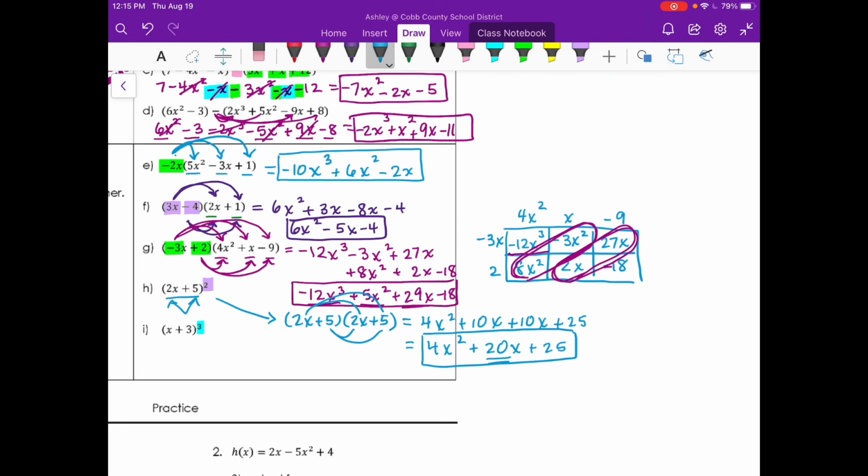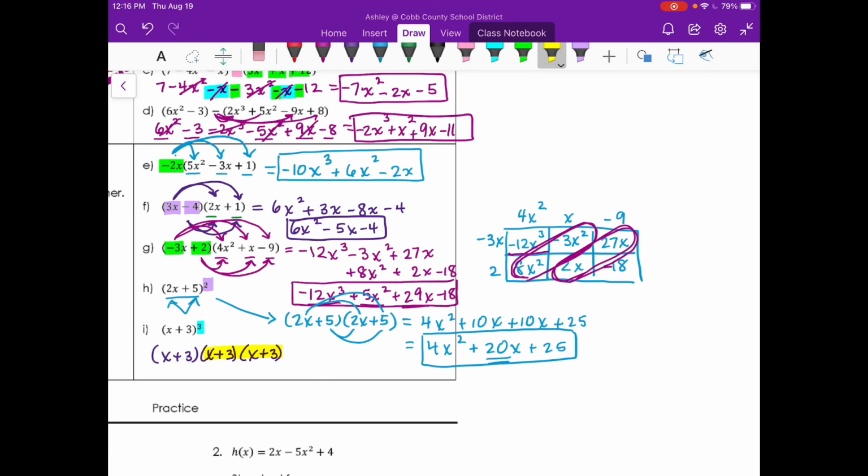All right, last one. We haven't really done any examples like this so far this semester. We're going to multiply x plus 3 times x plus 3 times x plus 3. And really, the way that you have to do it is to work on 2 of them and multiply them together first, and then take the third one and multiply it to the product of the first 2.